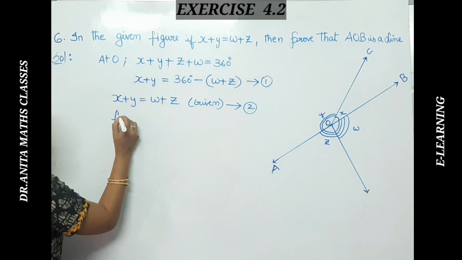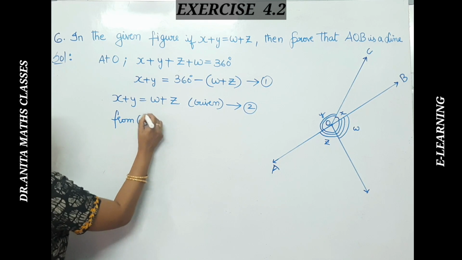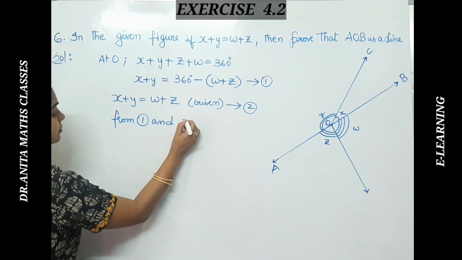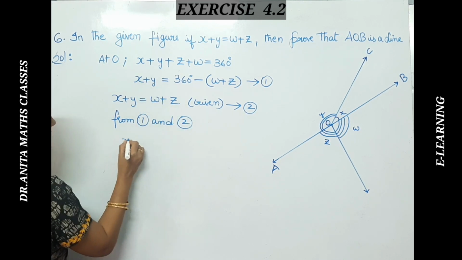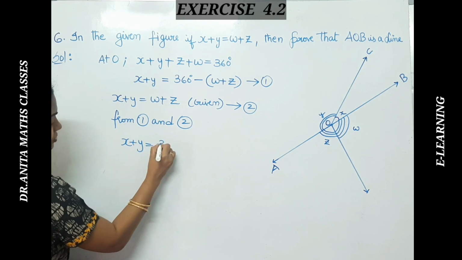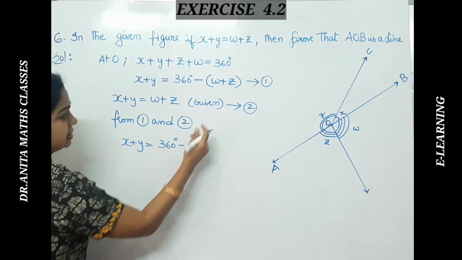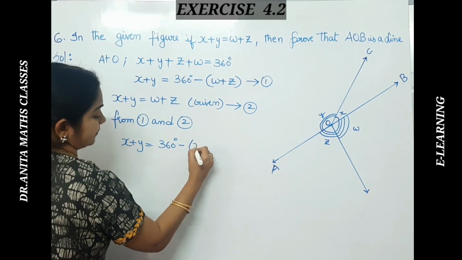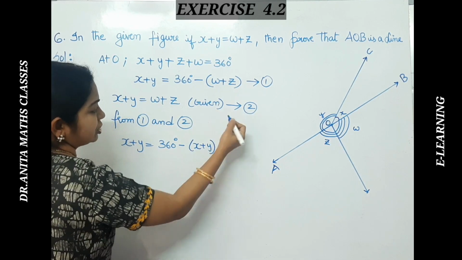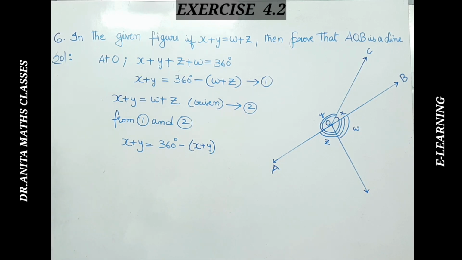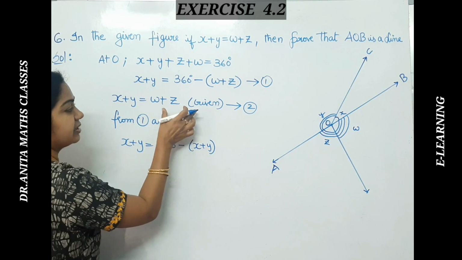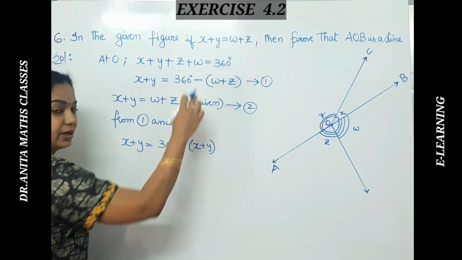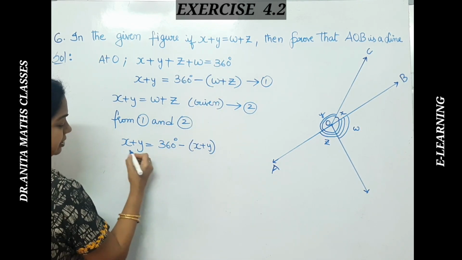So from 1 and 2, x plus y equals 360 minus, instead of w plus z, I am substituting x plus y again, from equation 2. We are inserting equation 2 into equation 1.